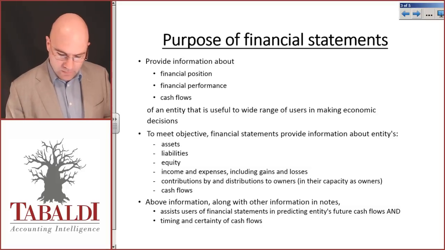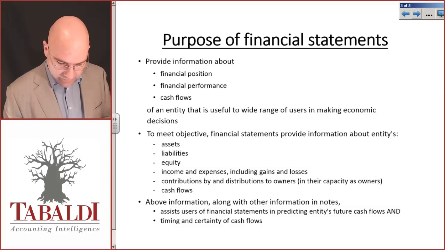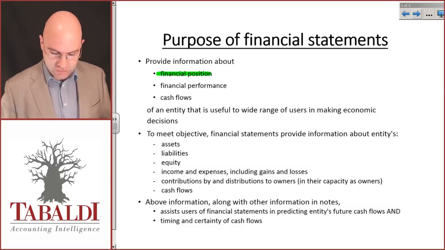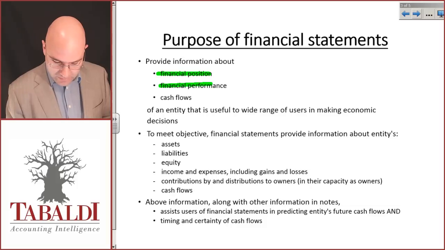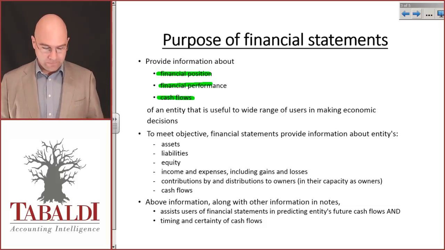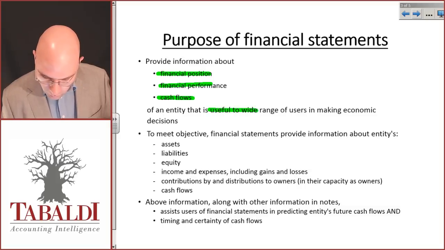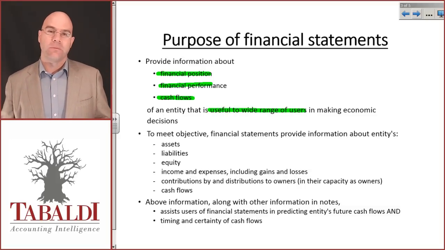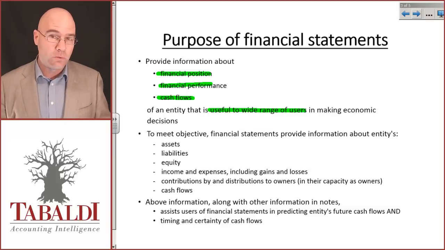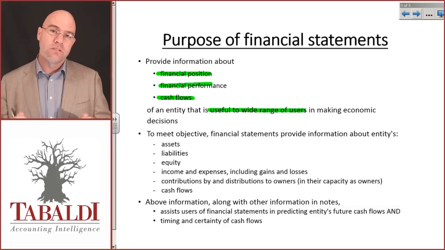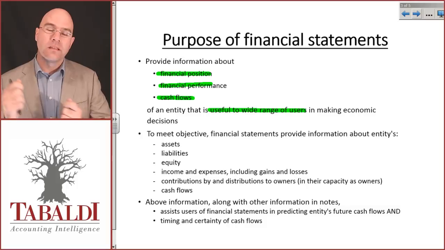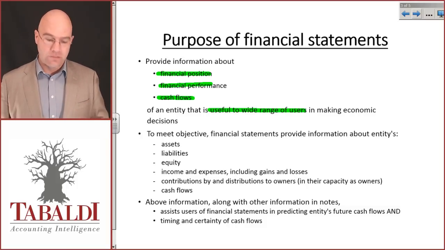To recap, the purpose of financial statements is to provide information about the financial position, financial performance, and cash flows. This information must be useful to a wide range of users in making economic decisions. The framework defines that a bit more specifically as users who are investors. Well, primacy is given to investors and providers of capital, lenders to the business.